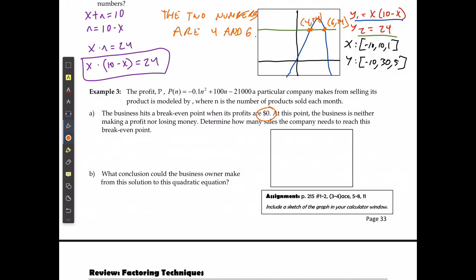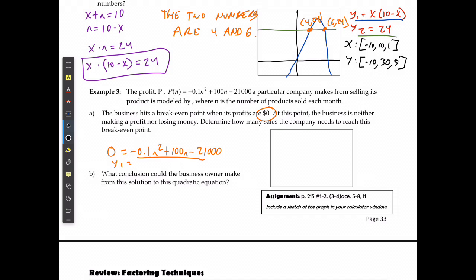Well, when the profit is equal to 0, I'm going to have 0 is equal to negative 0.1 n squared plus 100n minus 21,000. And that's what I'm going to graph into my calculator. Y1 is equal to all of this. I'm going to have to change my window settings to make this work.